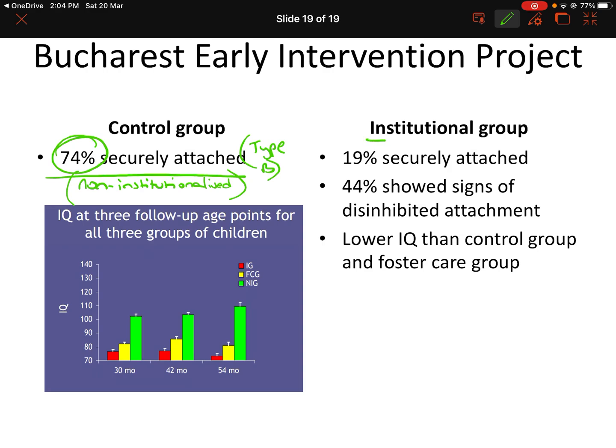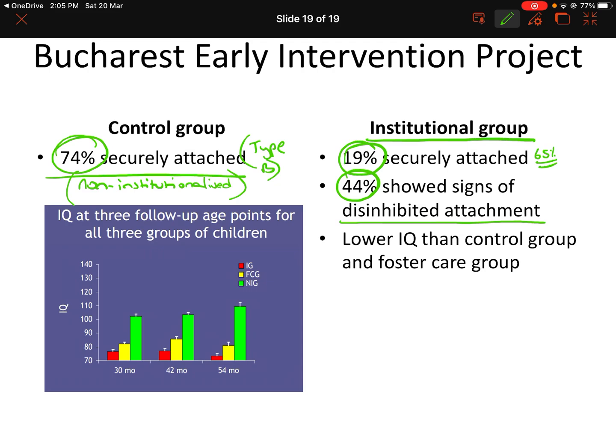When we look at the institutionalised group, we see that 19% were securely attached. That's a very, very low number. If we consider that somewhere around 65%, excuse me, is normal, then 19% is really low rates of secure attachment here. 44% showed signs of disinhibited attachment. This is that overfamiliarity with strangers and attention-seeking behaviour.